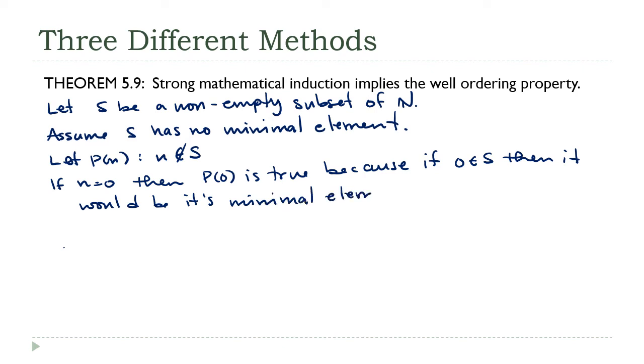Right? 0 is the smallest positive natural number. So if 0 were in there, that would have to be the minimum. Since our set doesn't have a minimum, 0 can't be in there. Right? So P of 0 is true.